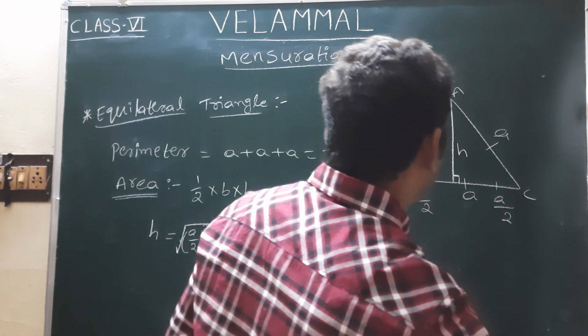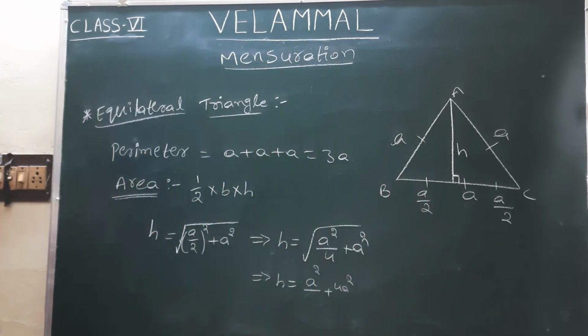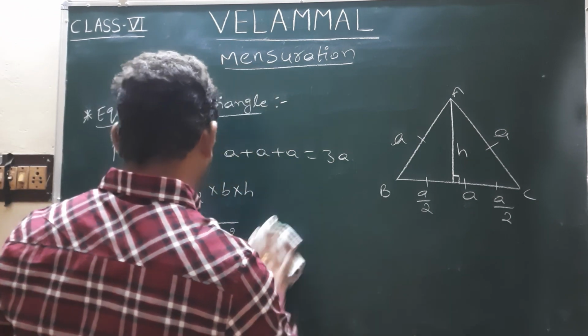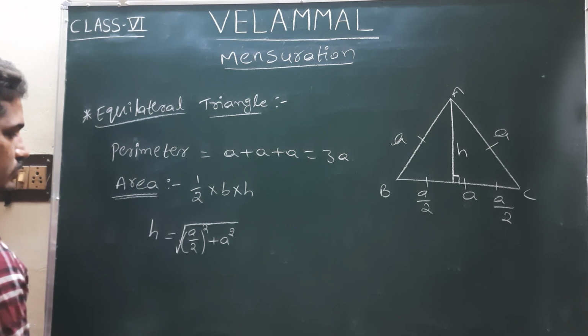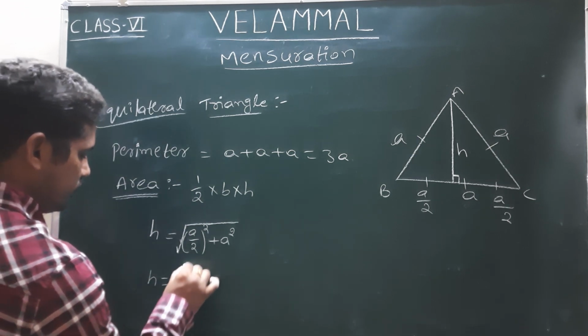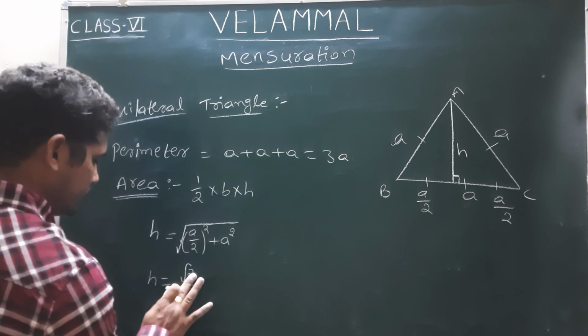Understand that? Height is equal to A square by 4 plus A square. The height we are finding here, root 3 by 2 A square will come.